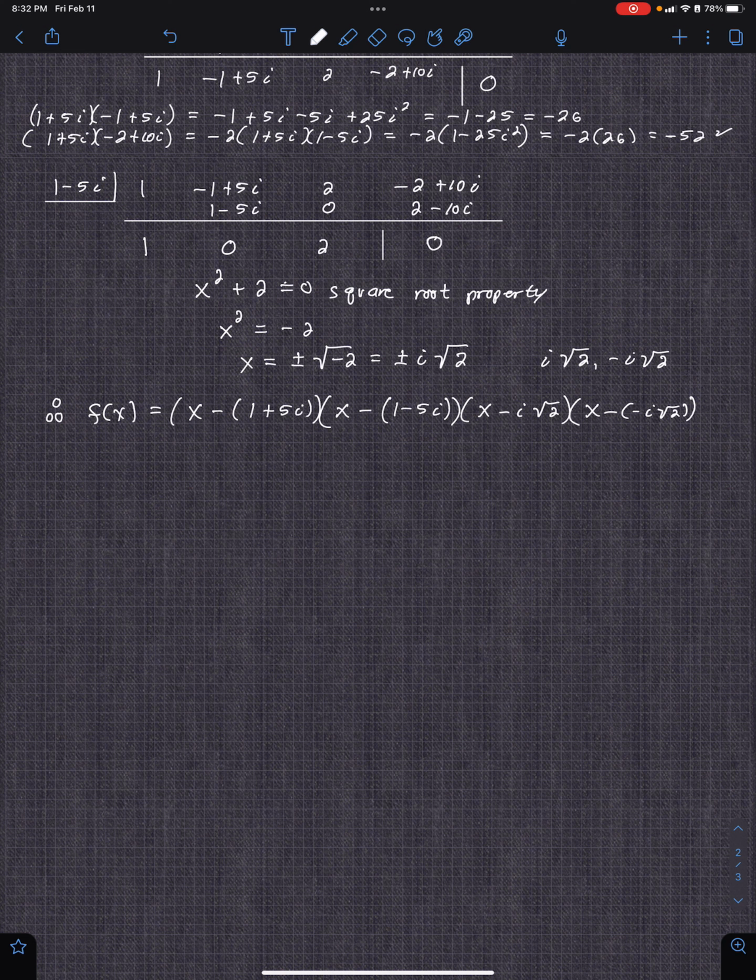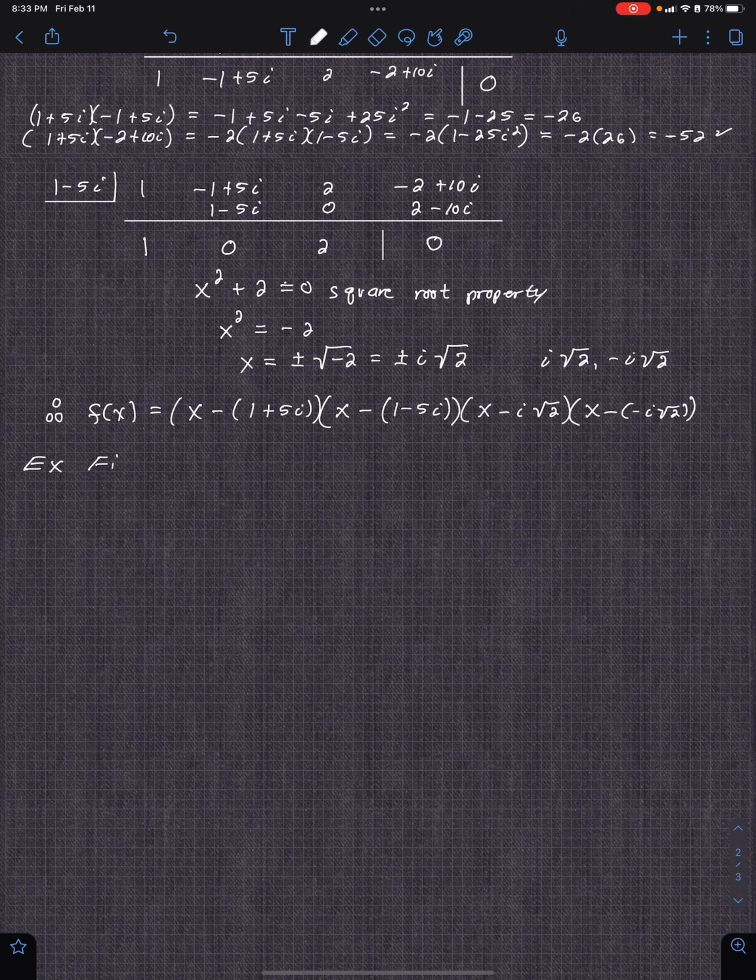So this will be basically a full example of find the zeros and multiplicity of f, factor completely, and graph. And I didn't say in this example, but I will. I'll edit it now and say by the rational root theorem. Okay, so example.